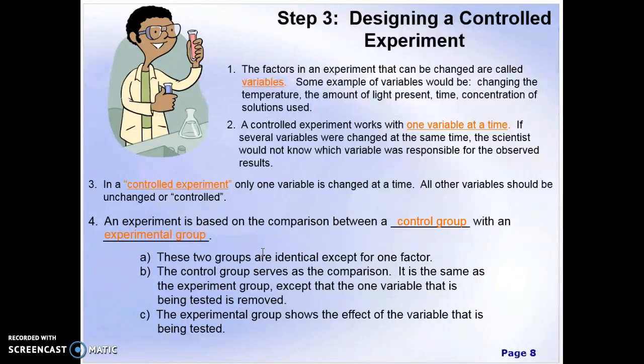I'll explain this in more detail; I don't expect us to get this right away. A control group serves as a comparison. It's going to be the exact same as the experimental group, but we're just removing one variable. If you're like, what the heck? Remember, I'm just taking one thing out of the experiment.